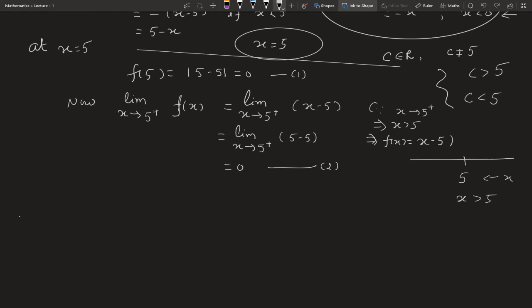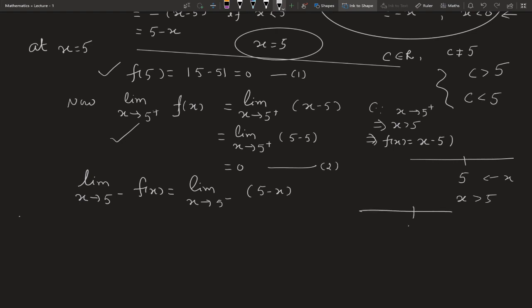So we have obtained f of 5, we have obtained the right hand side limit. Now we will obtain the left hand side limit. So limit as x tends to 5 minus of f of x.